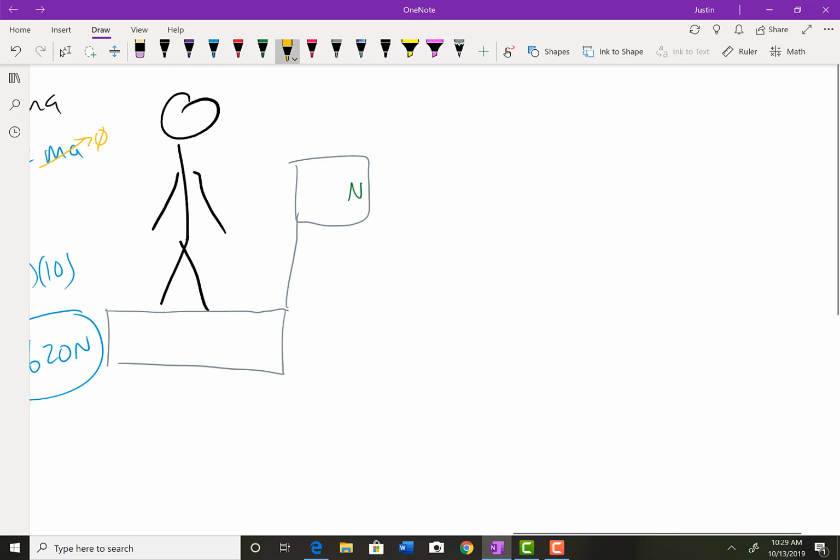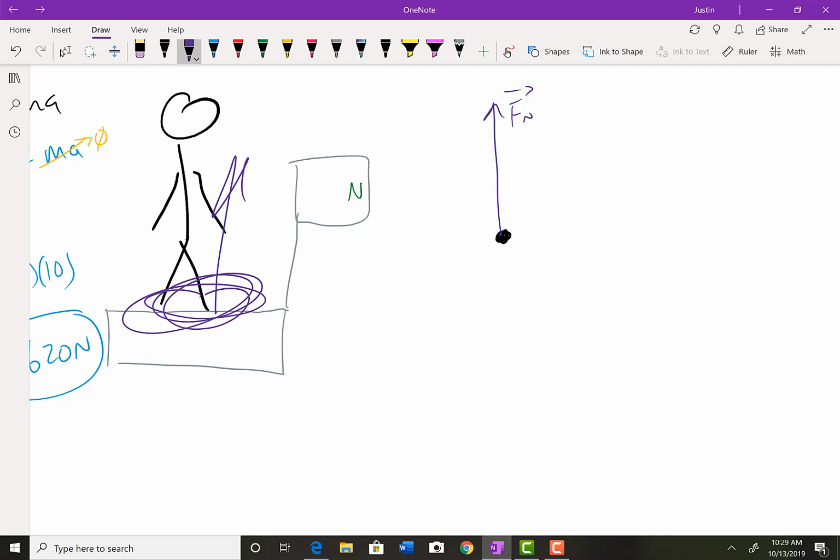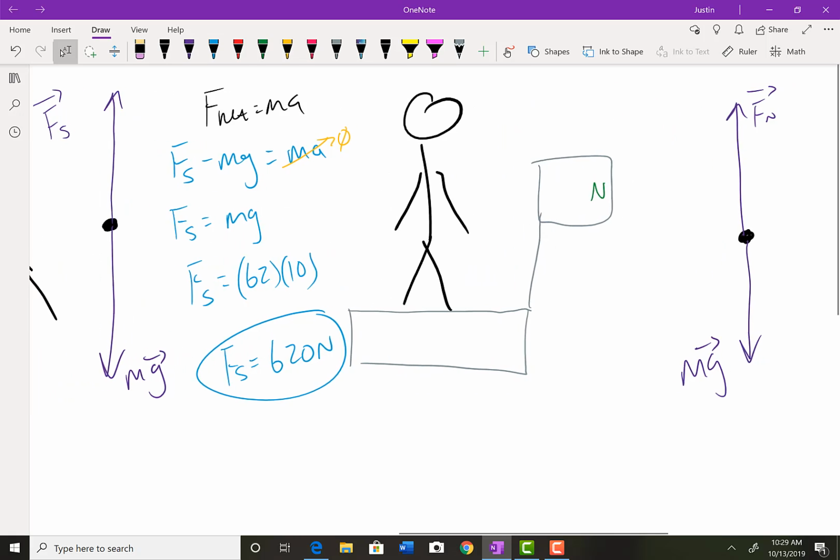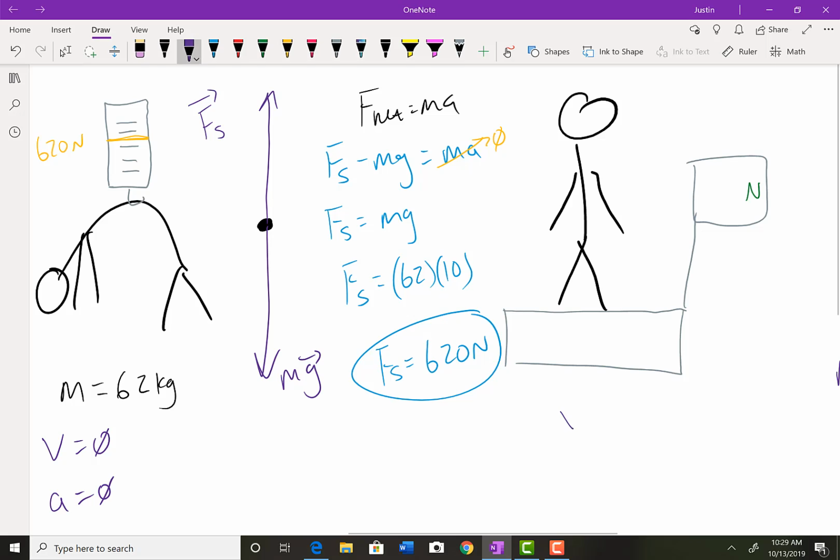So what would it look like then for the person on the bathroom scale? Well, it's going to be exactly the same thing, except now the bathroom scale is this force I'm going to call the normal force, because there's a normal force from the bathroom scale acting up on the person here, and then there's also the person's weight coming down. The velocity is 0 and the acceleration is 0, so all these initial conditions are the same.